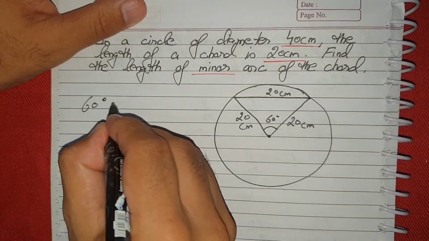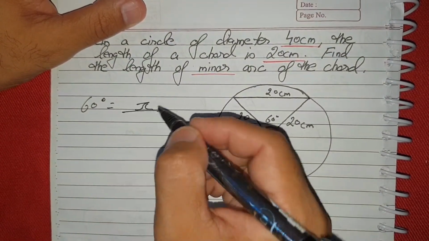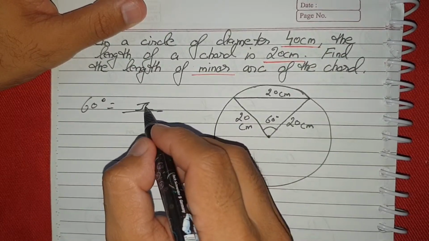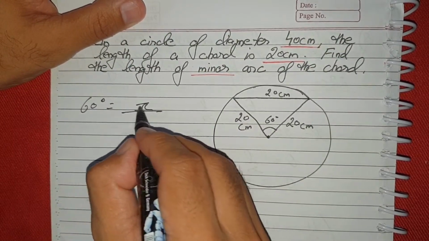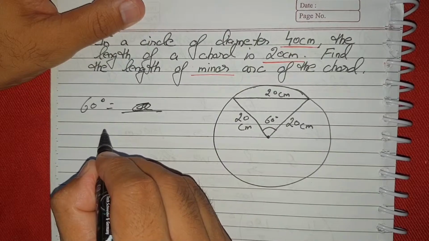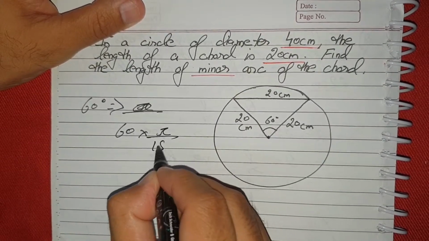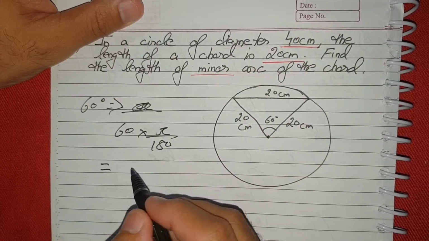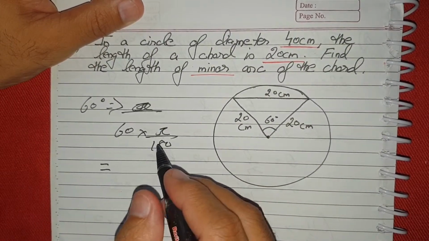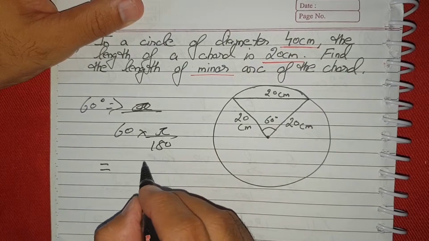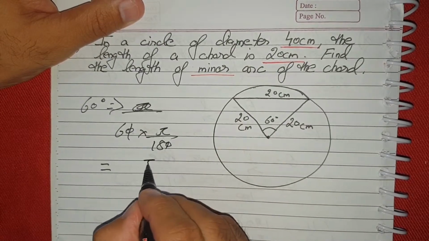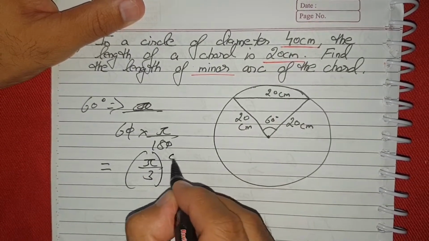So 60 degree will be equal to 60 into pi by 180. So this is basically pi by 3 radian.